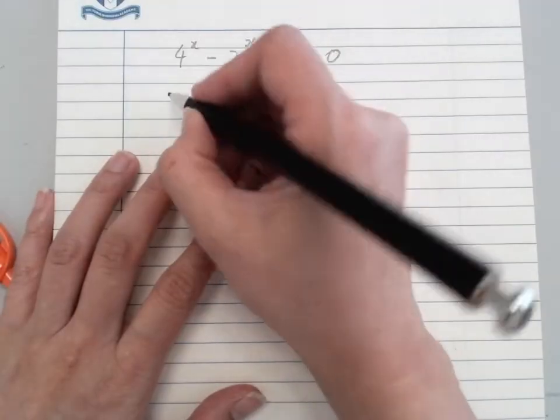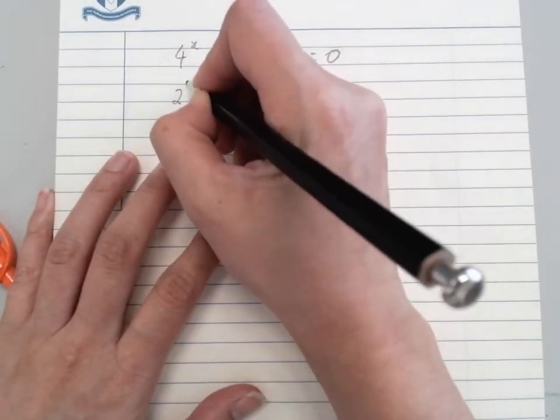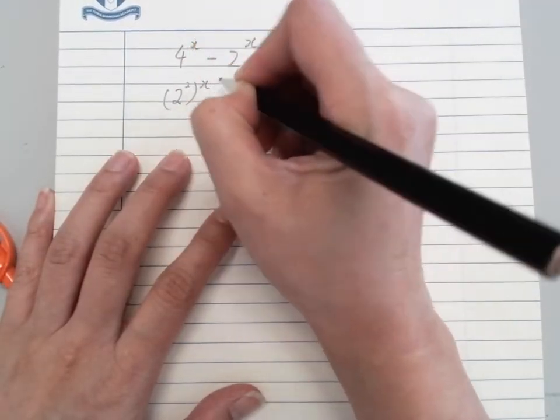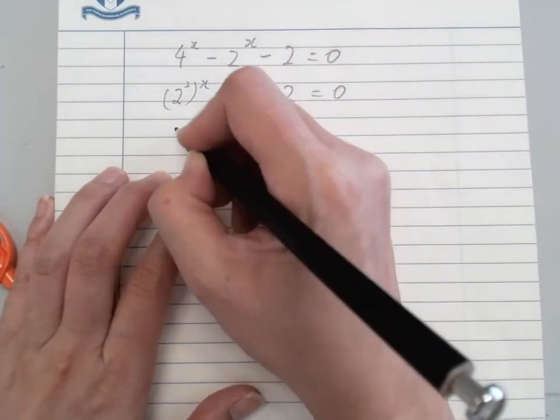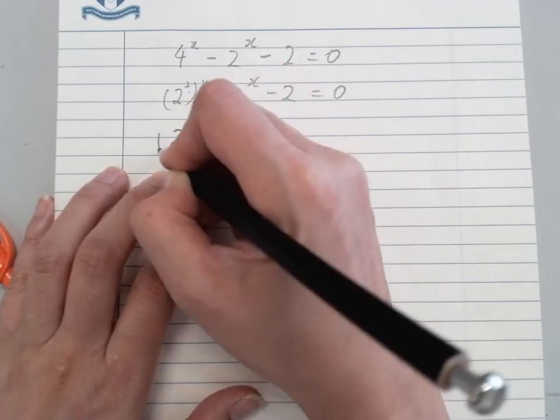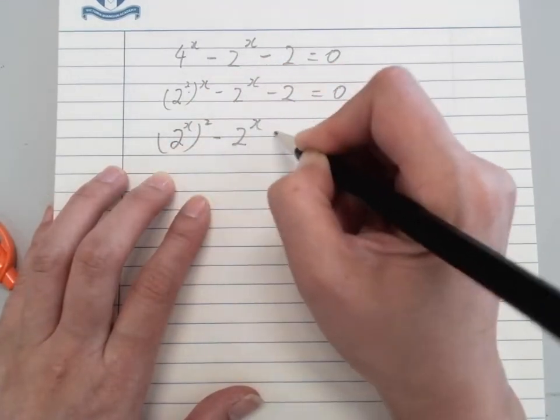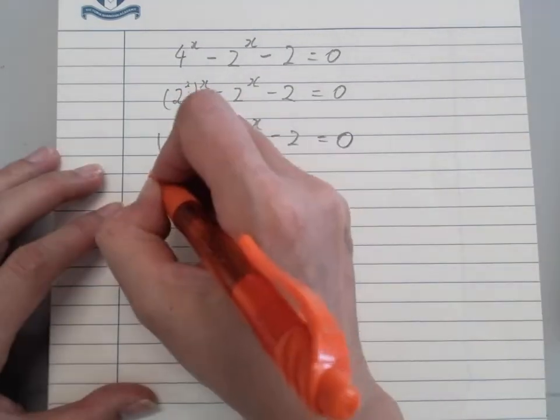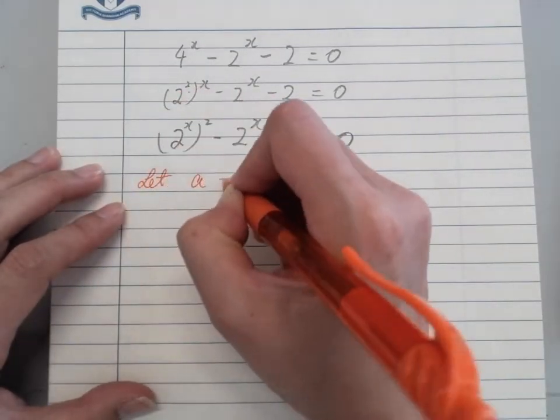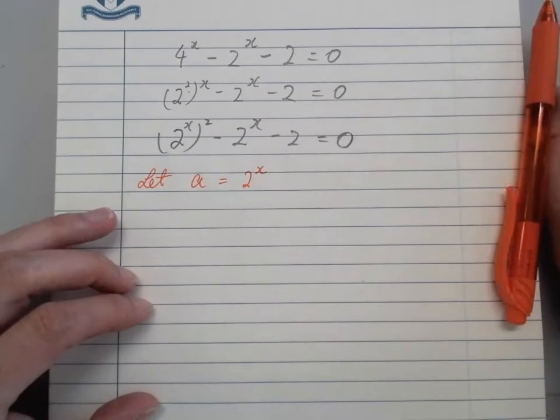So I will make it become (2^x)^2 - 2^x - 2 = 0, because I see all the 2's there, I got a clue. To make me feel better, I will let a = 2^x.